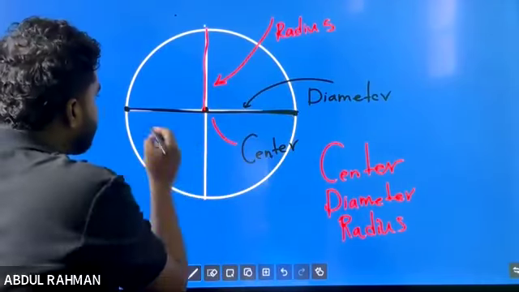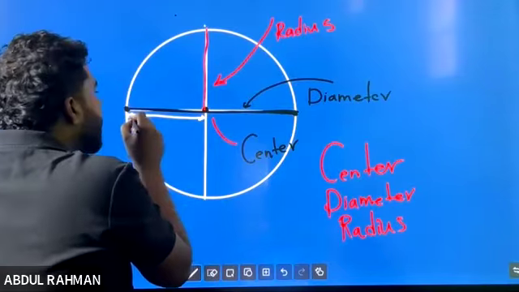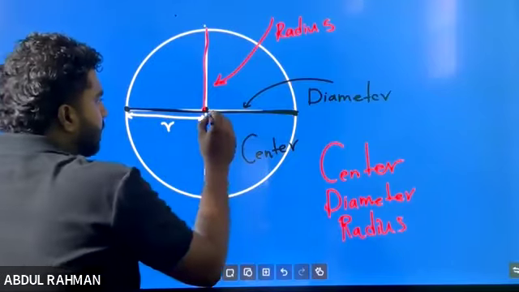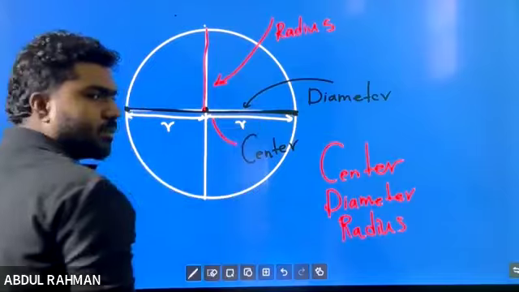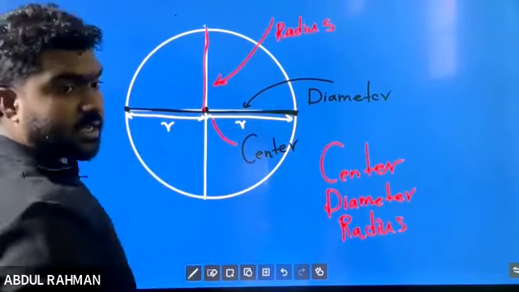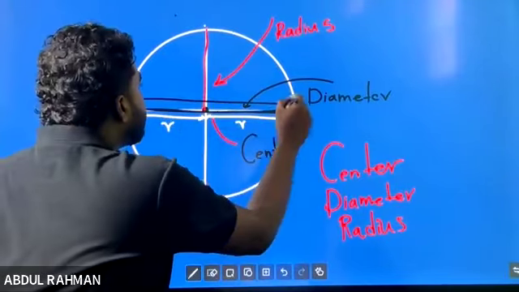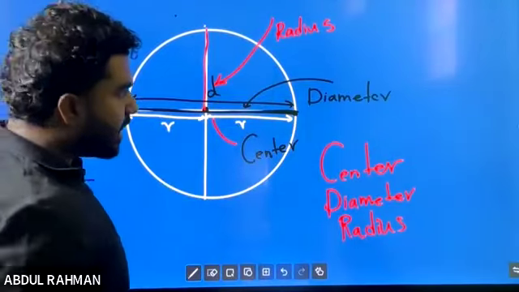Now I can build a relationship. From here to here, I call this a radius. I use the symbol R. From here to here also, R. Half of this is R, half of this is R. That means the whole thing is called the diameter, that is D. Now what is the relationship?